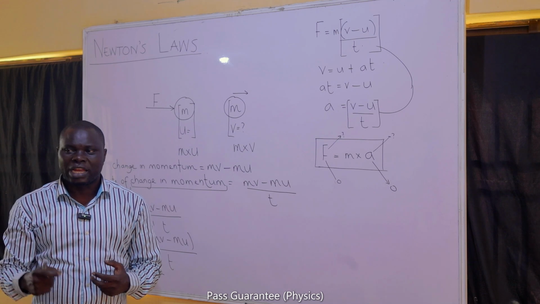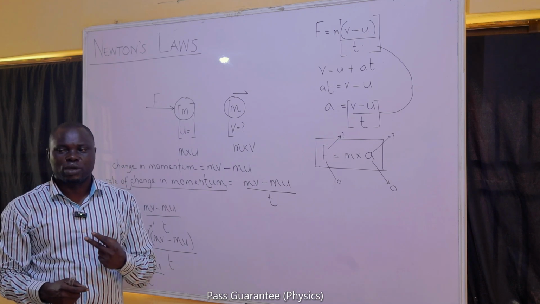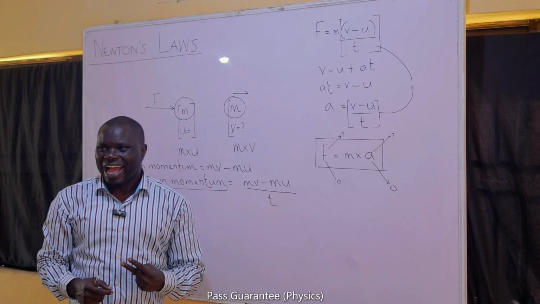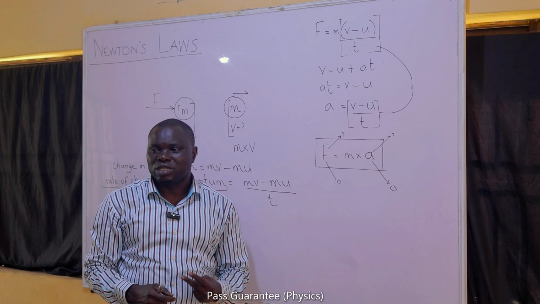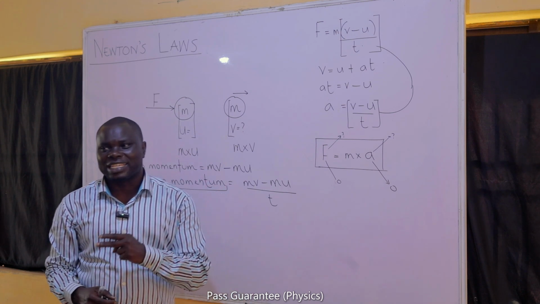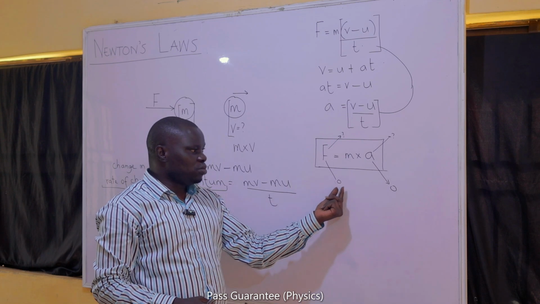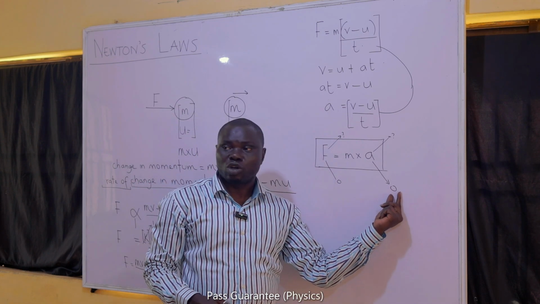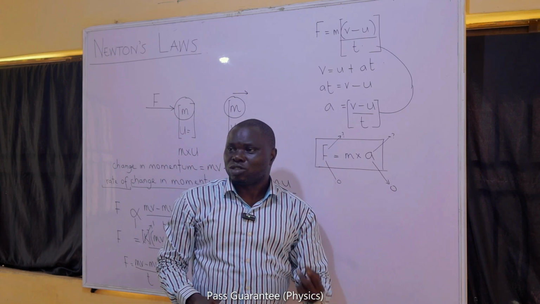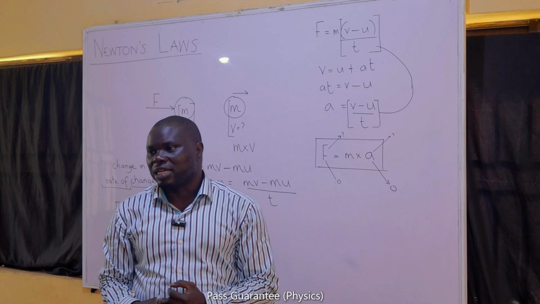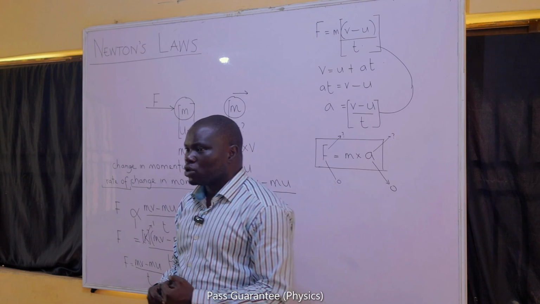I hope you know that those are the two situations that we describe in the first law as situations that an object will go through if there is no external force on it. So if there is no external force, the acceleration will also be 0. And those are either being at rest or moving with uniform motion in a straight line.